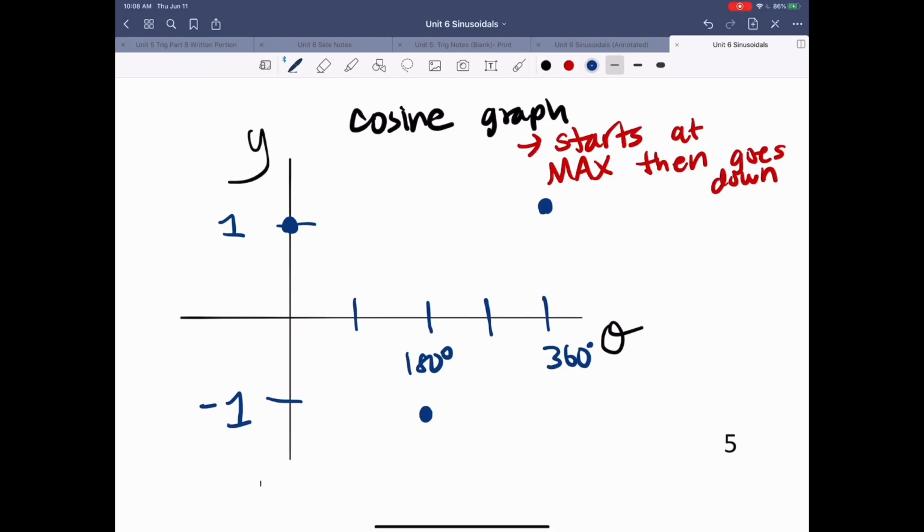And in between, in order to make this curve, I need to put it so that it hits the y-axis at the respective values. And so this is my cosine graph.